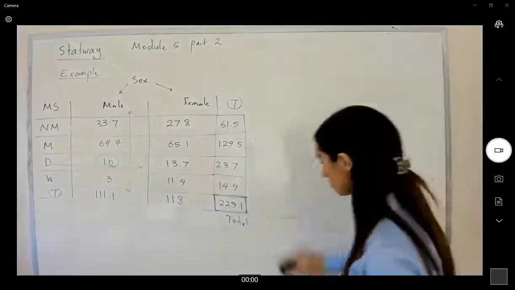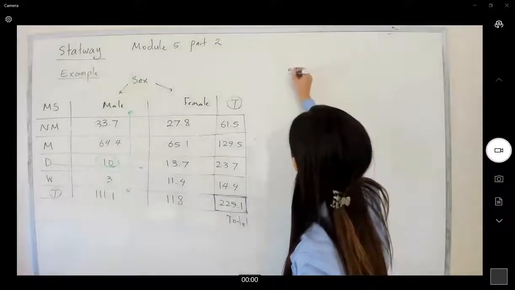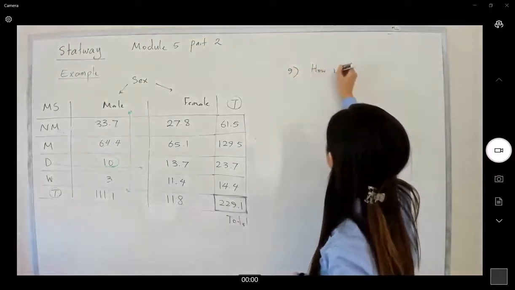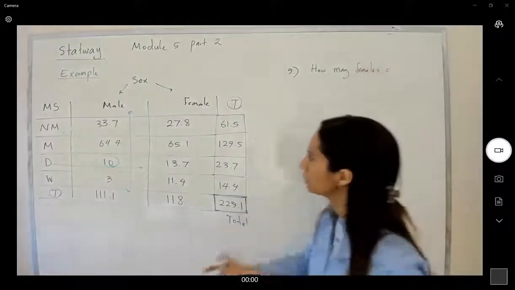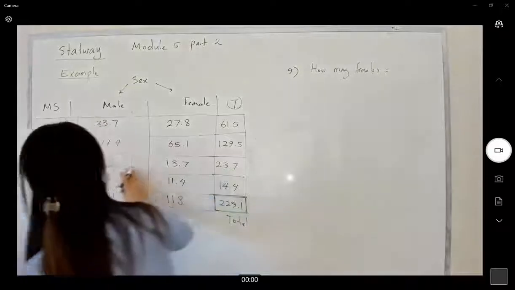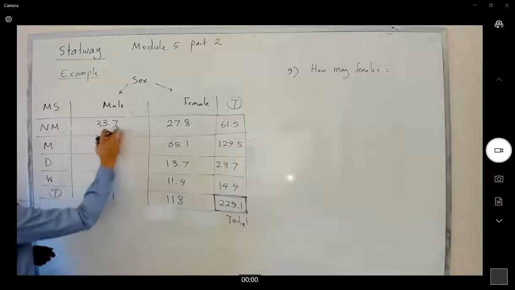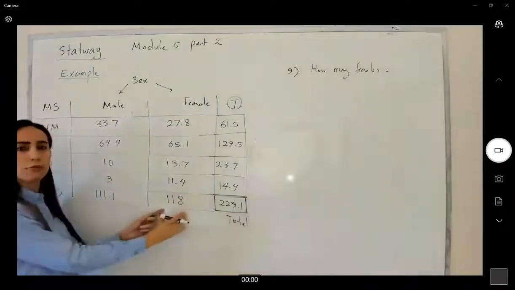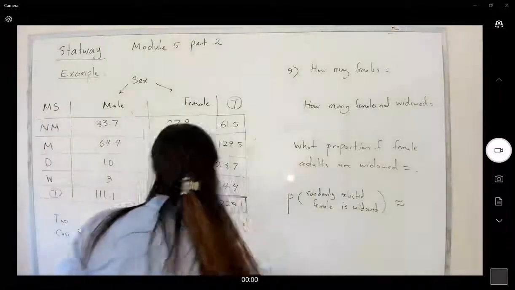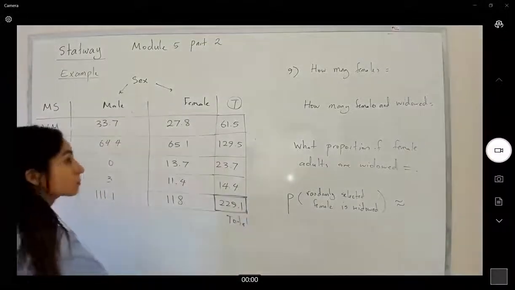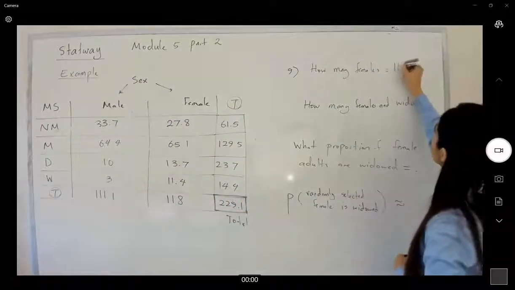So 9. How many females do we have? Okay, so let's just erase these colors, the green ones. The total number of females in the population is 118. Perfect.